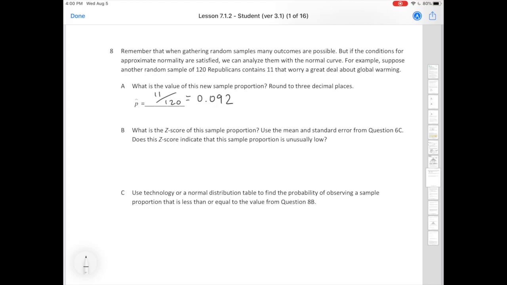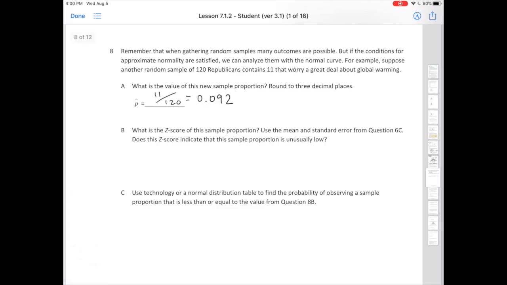What is the z-score of this sample proportion? Remember, you can get a z-score by subtracting the mean from the value that you got and dividing it by the standard deviation. We need to get this from question 6C.